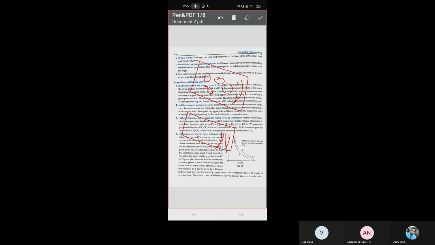Every bundle is actually the same kind of thing, a fruit, only the quantity differs. But which one gives the maximum satisfaction depends on our preference, our choice. Some say apple is tastier than banana. Some say banana is more filling than apple. So it is according to their preference.